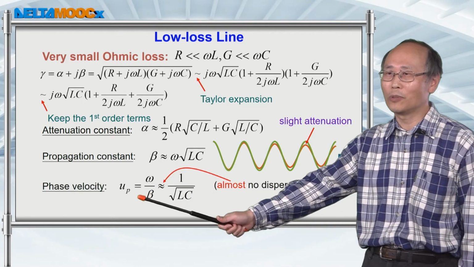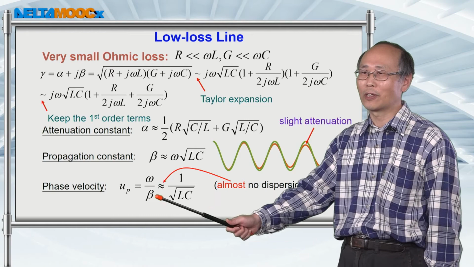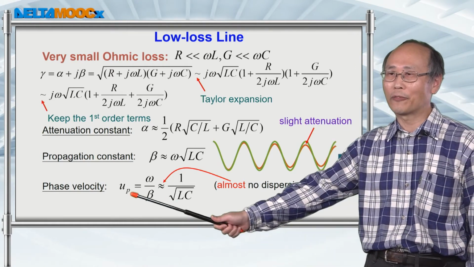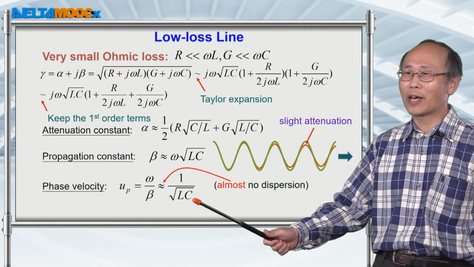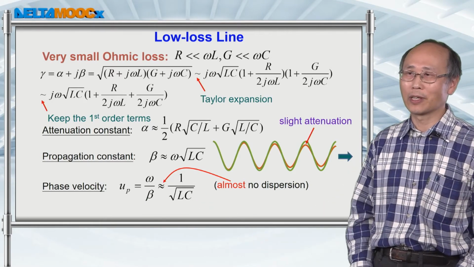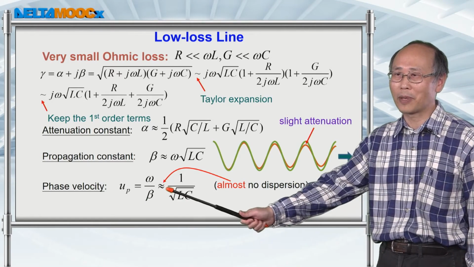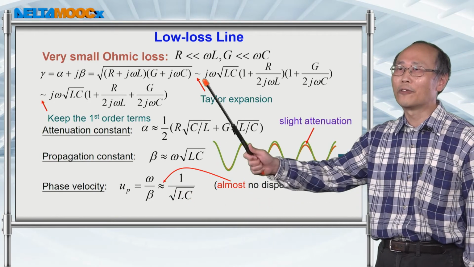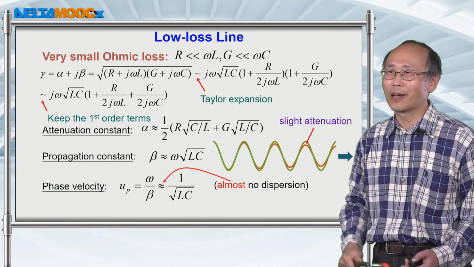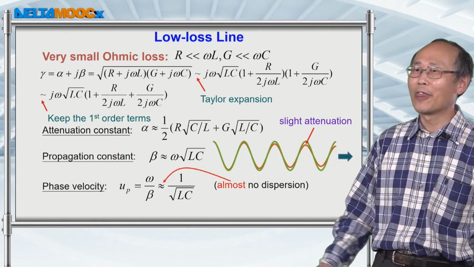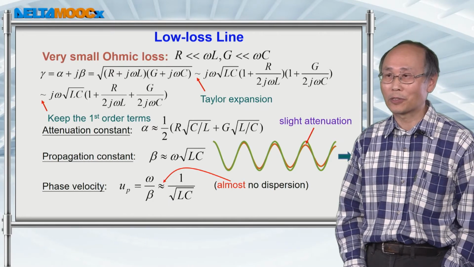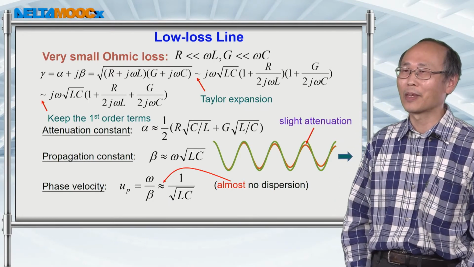So if you do a ratio of this frequency over beta, you'll be able to deduce the phase velocity, which is not quite a function of frequency. Remember that we have some approximation here. It just tells you that in general, if you have a very small loss associated with the transmission line, then this line can be considered as a dispersionless transmission line.